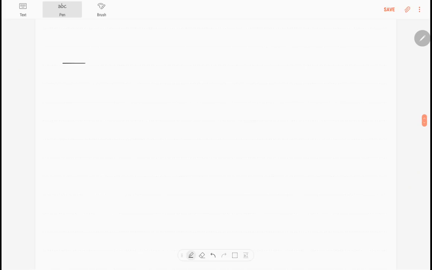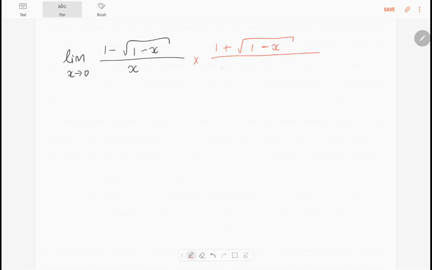So we have the limit as x approaches 0 of 1 minus the square root of 1 minus x over x. So what we do is we multiply by 1 plus the square root of 1 minus x over 1 plus the square root of 1 minus x.